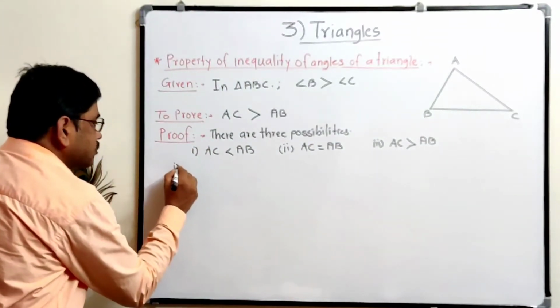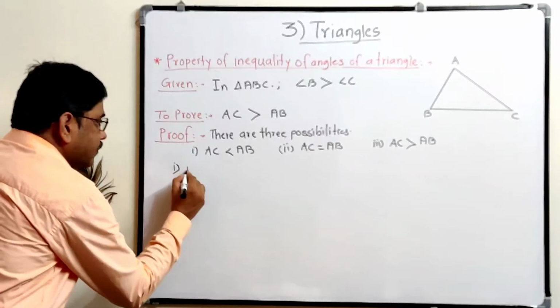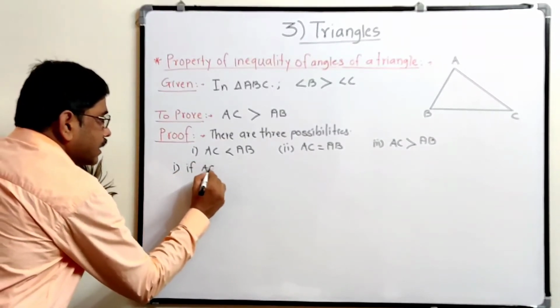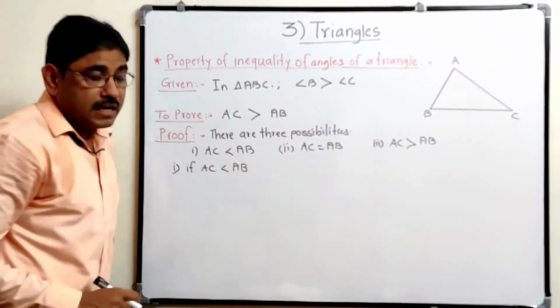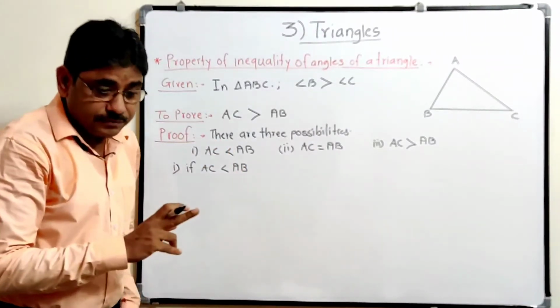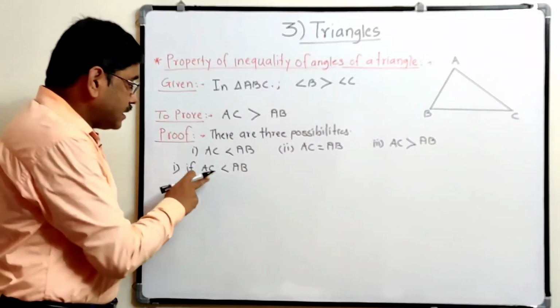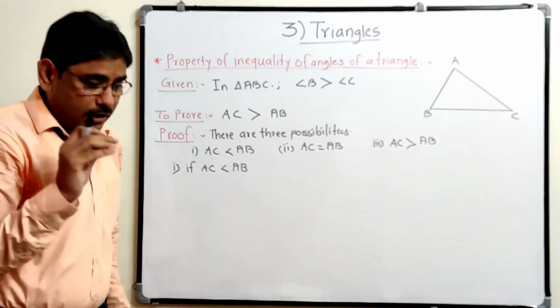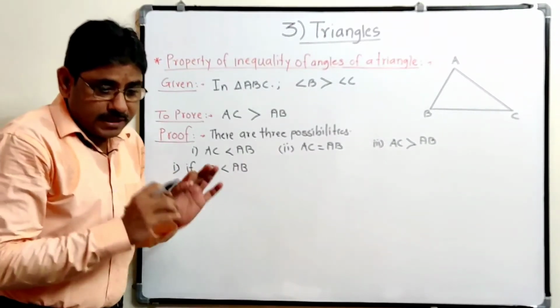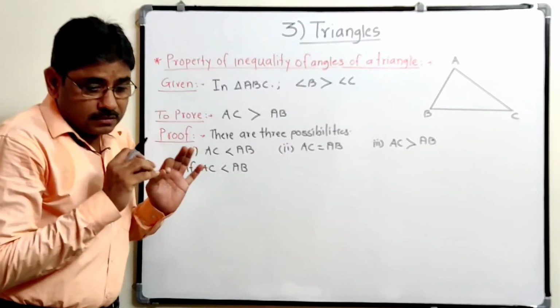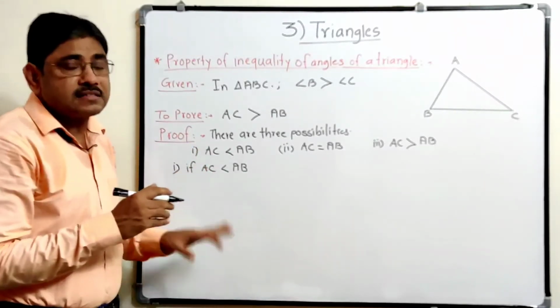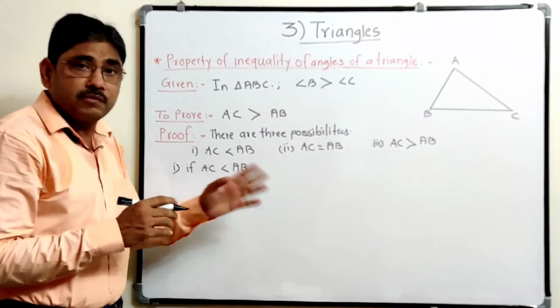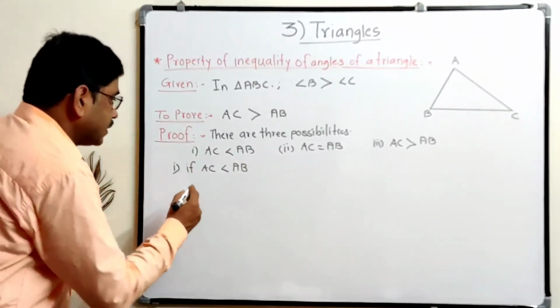If we take the first possibility, if AC is less than AB, that means AB is the greater side and AC is the smaller side. So according to that theorem, the angle opposite to the greater side is greater and the smaller side is smaller. That theorem we studied, we have to use that theorem.